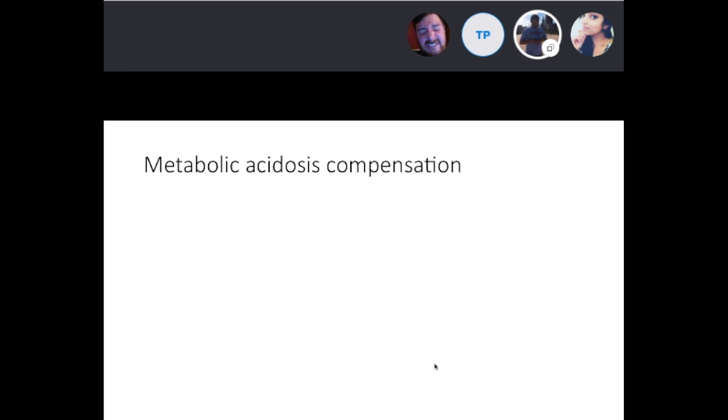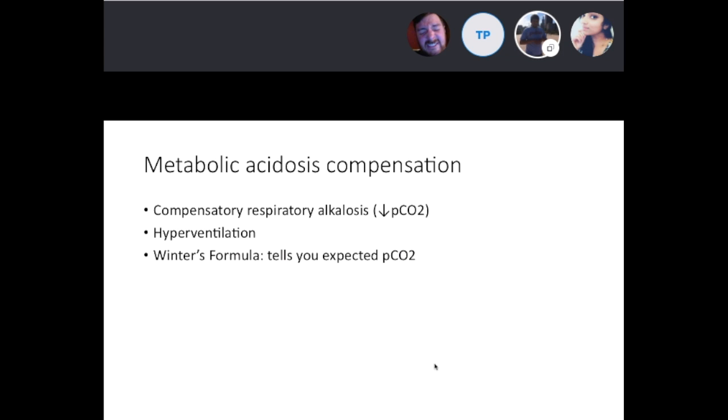So metabolic acidosis compensation, let's talk about that one, because you have a compensatory respiratory alkalosis. And we're going to see hyperventilation. So we're going to use the Winters formula. It tells you the expected PCO2 in a metabolic acidosis situation.